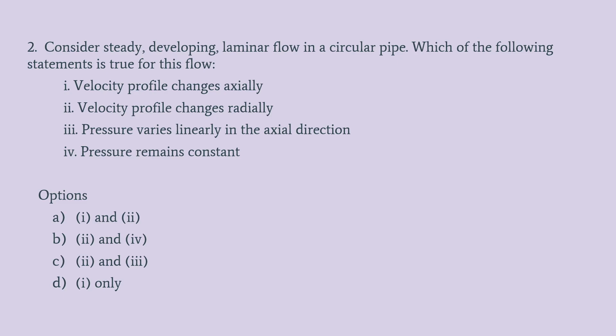Second, velocity profile changes radially. Third, pressure varies linearly in the axial direction. Fourth, pressure remains constant. The options are combinations of these statements.